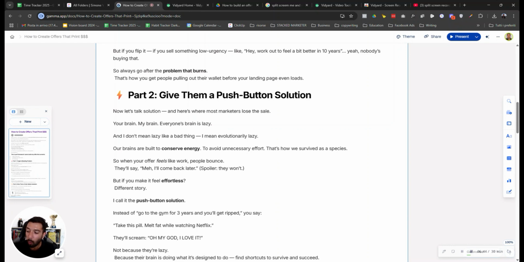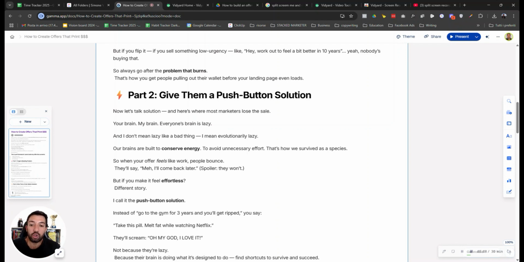This is also why people like supplements. This is why people buy a lot of supplements for weight loss. Take Ozempic. Why is Ozempic so popular? Because people don't want to go to the gym. They don't want to eat chicken and salad and rice, so they take a few pills and they get in shape. And that's it. It's not me saying that people are lazy.